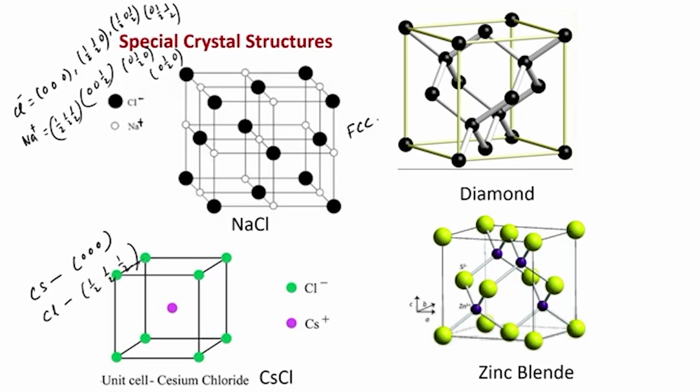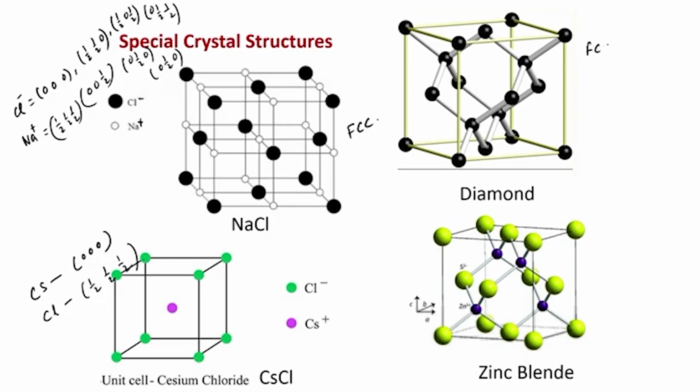So, each atom must be viewed as being at the center of a cube of atoms of the other kind, that is, Cs is in the body centered position for the Cl atoms and so on. Okay. And let us see the diamond structure.